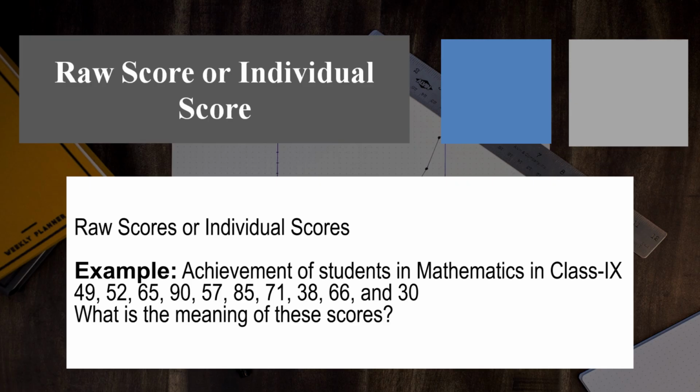If the score starts from 0, it means 0 plus 49, or you can say that in descending order, if you start from 100, then 100 minus 51 is 49. So friends, we can say that raw score has very limited meaning or no meaning at all.